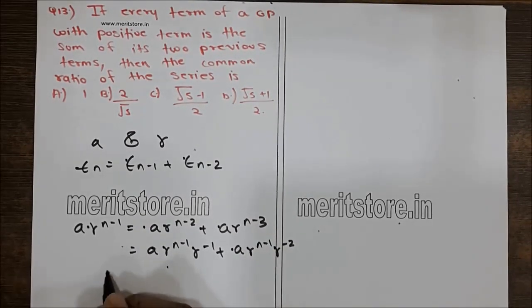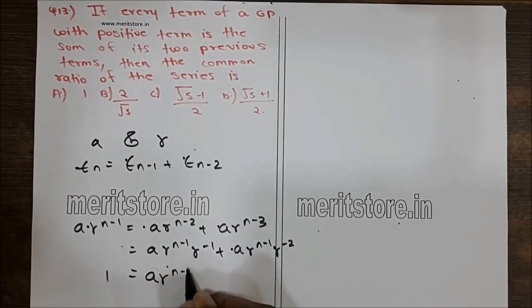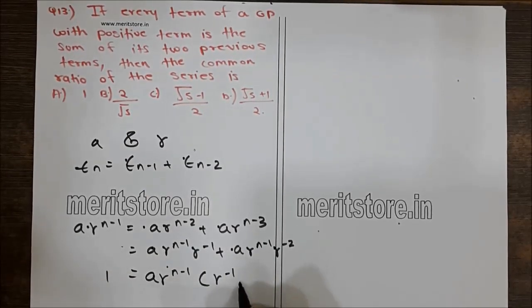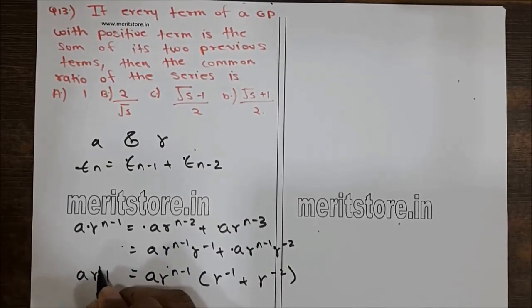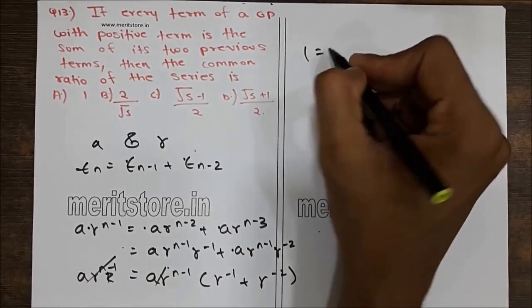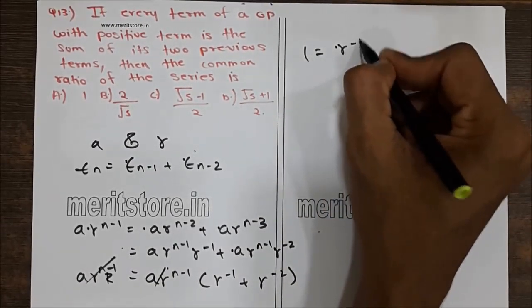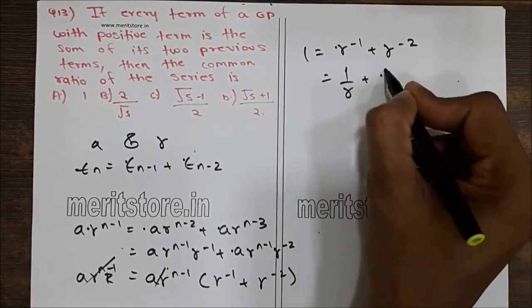Taking a r n minus 1 common, we are left with 1 equal to r raised to minus 1 plus r raised to minus 2, which can be written as 1 upon r plus 1 upon r square.